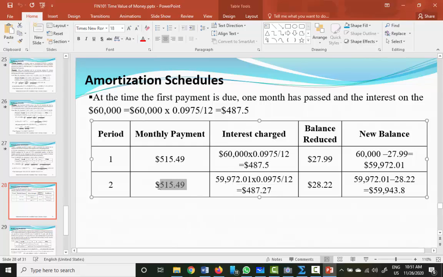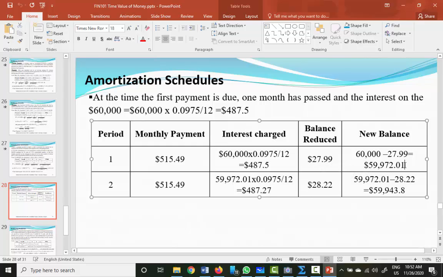And you have already paid this much amount. From this one, if you deduct this one, you will get $28.22. This is the amount the loan balance will be adjusted by. So out of this $515.49, $487.27 is the interest amount, and this is the amount you have paid off the loan.